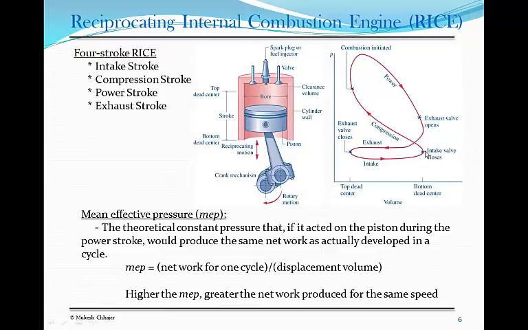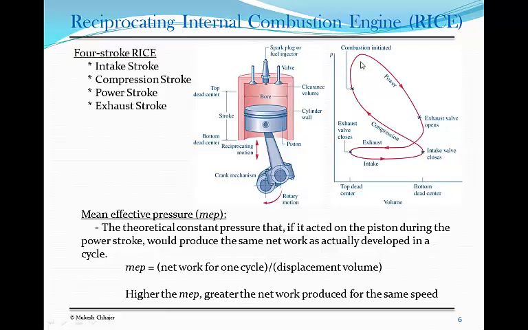And the intake closes here, and then we have the compression. So now this valve, which was the intake valve, closes, so gases cannot leave. And now you start compressing, so volume decreases, pressure increases.